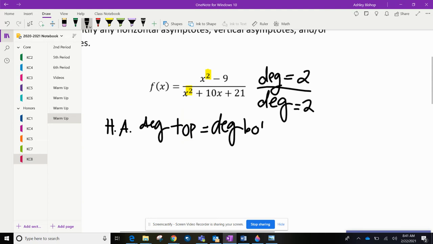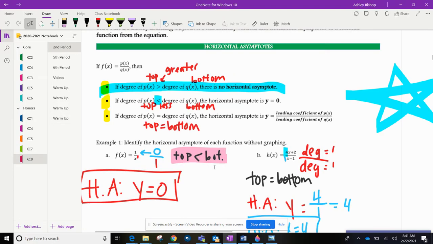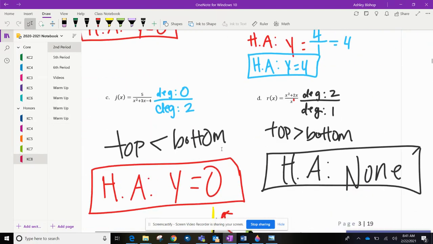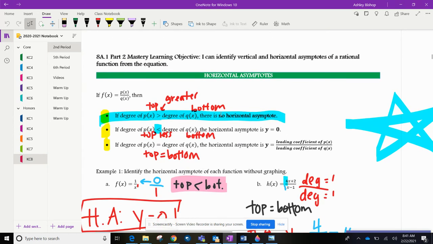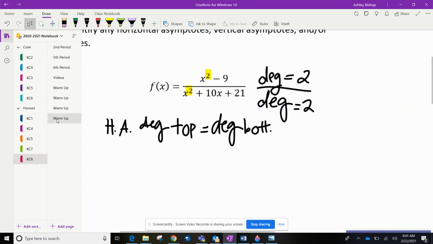So I want to know what rule that follows. Let's go back to my notes. You have notes on this on page 3. Degree on the top is equal to the degree on the bottom. Well, then that means y is equal to the leading coefficient on top divided by the leading coefficient on bottom.